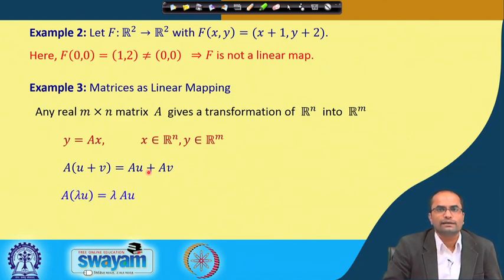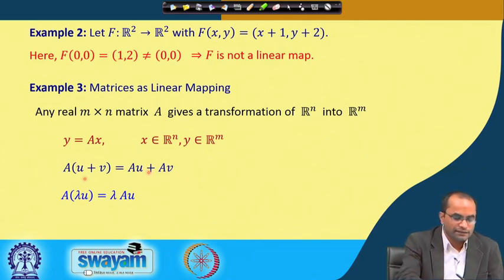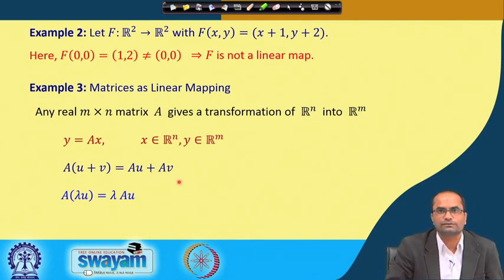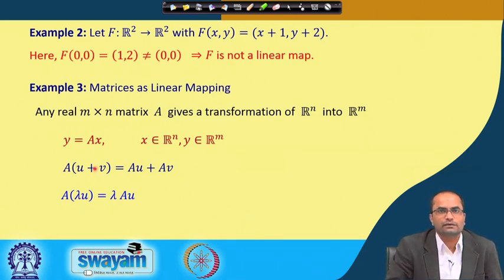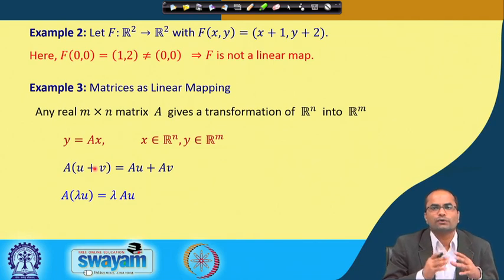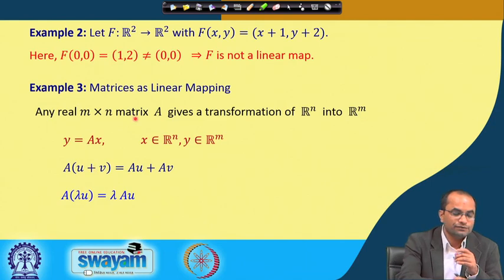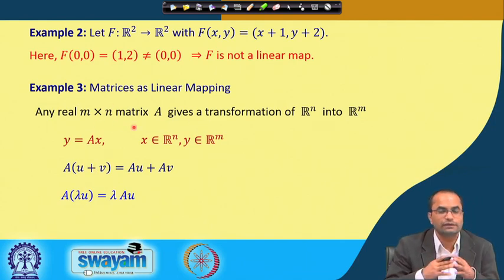And the second one: A times lambda u should be equal to lambda times A u, and that is another property of the matrix which we can easily verify if we want. So, both properties of linear mapping are satisfied for a matrix of order m cross n. So, every m cross n matrix maps, and the entries of these matrices are real, of course.